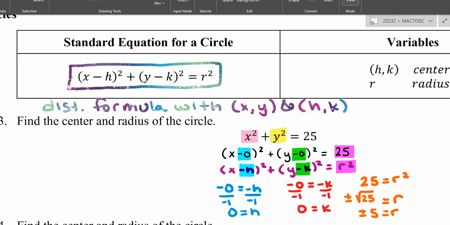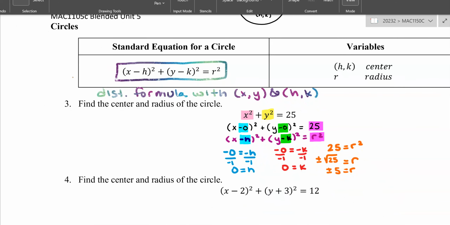When we're talking about radius, the radius is always positive. So my r would be 5. So to describe this circle, I would say the center is at 0, 0, and the radius is 5.